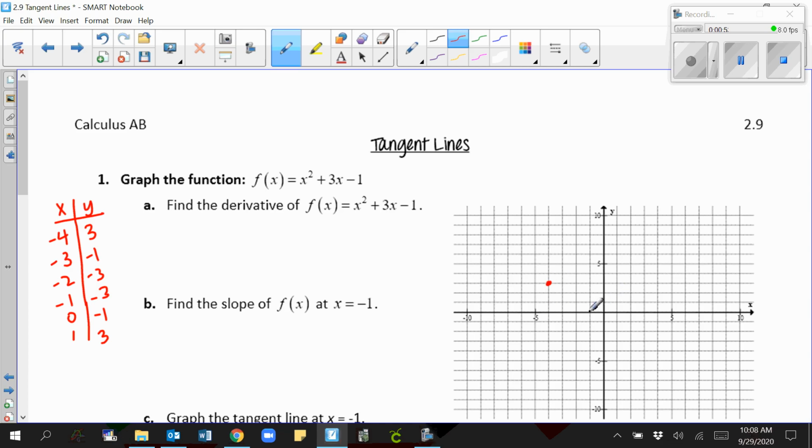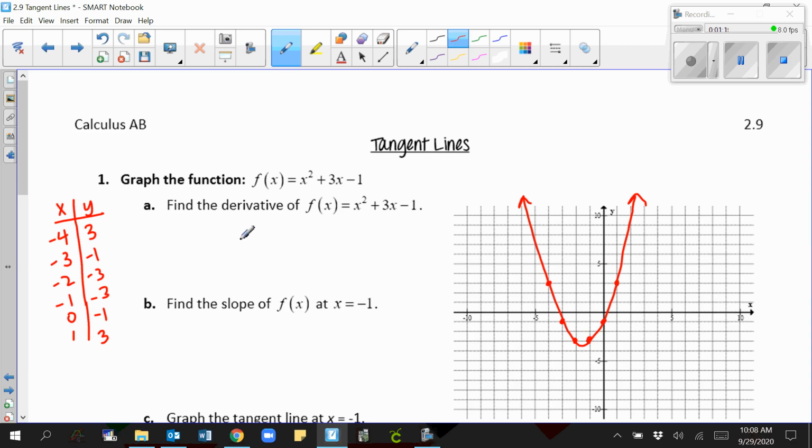And then I've got -3, -1, -2, -3, -1, -3, 0, -1, and 1, 3. So I've got my parabola right here. Yeah, I actually do that one pretty well.